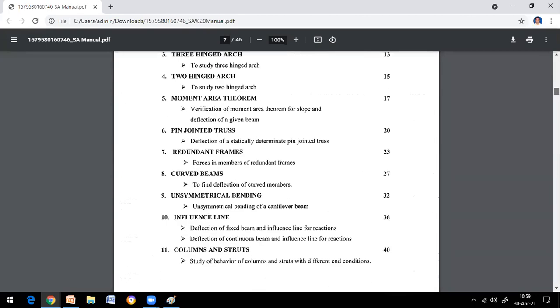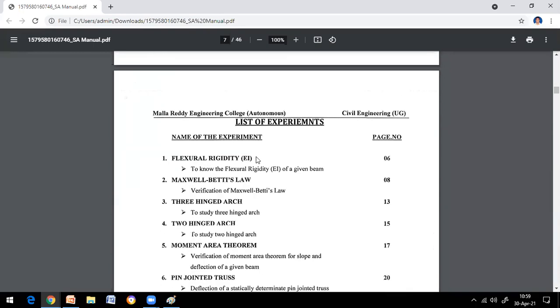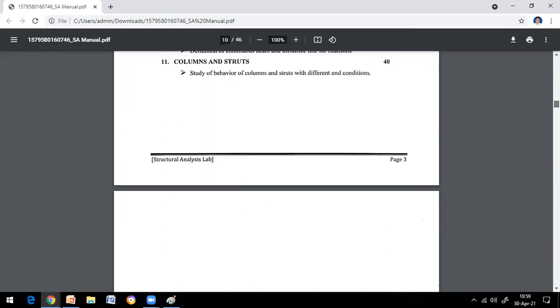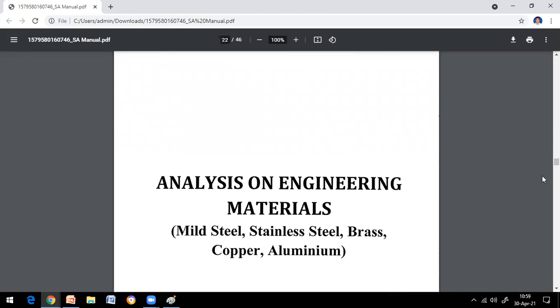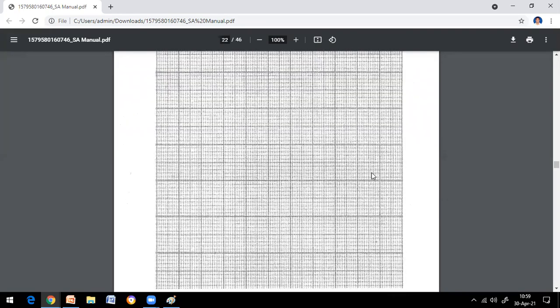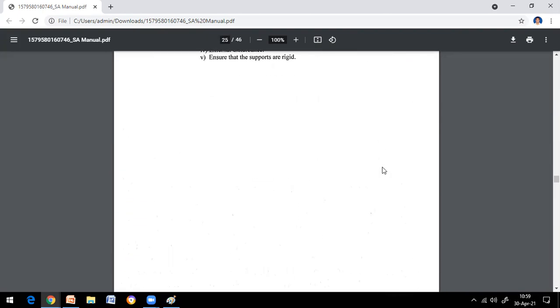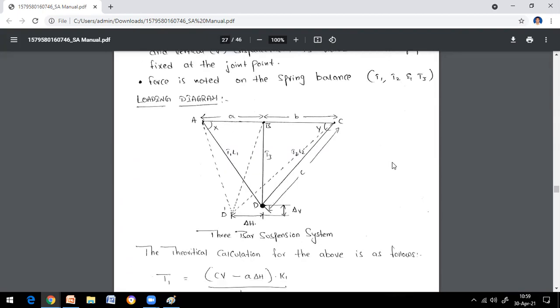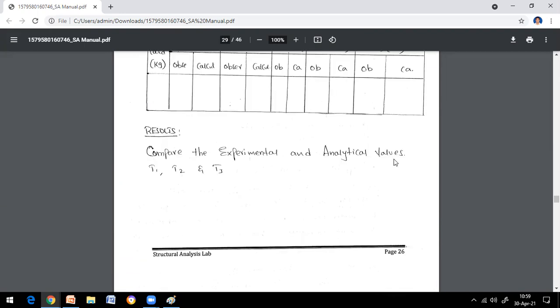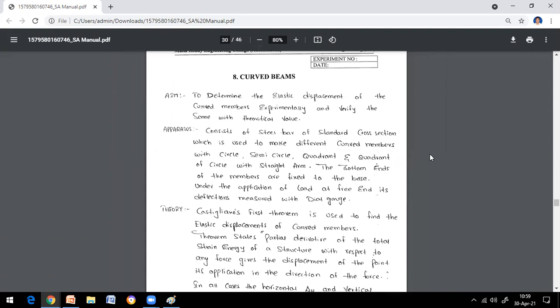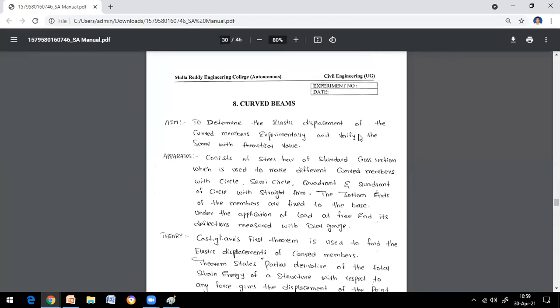In your list of experiments, there is an 8th experiment called curved beams. On page number 27, let me show you. This is the manual which I framed for the structural analysis lab. Curved beams.